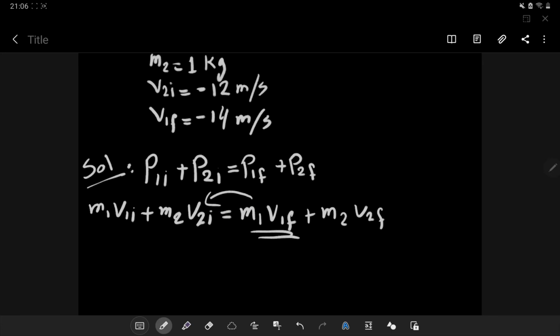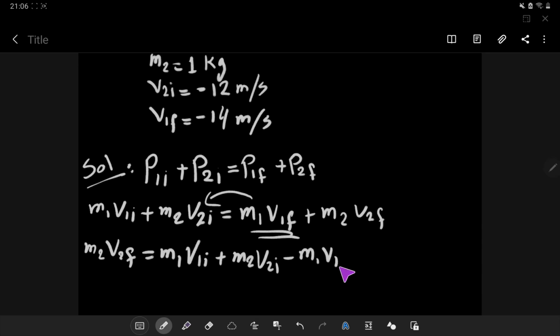So M2 V2 final is equal to M1 V1 initial plus M2 V2 initial minus M1 V1 final.